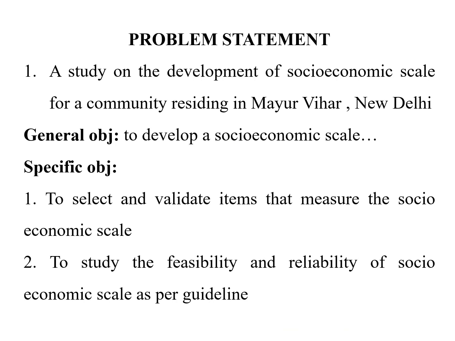Once again, we will see one more example of how to formulate a research objective. The statement is a study on the development of a socioeconomic scale for a community residing in Mayur Vihar, New Delhi. What is the general objective? Generally, the researcher wants to develop a socioeconomic scale. That is the general objective.